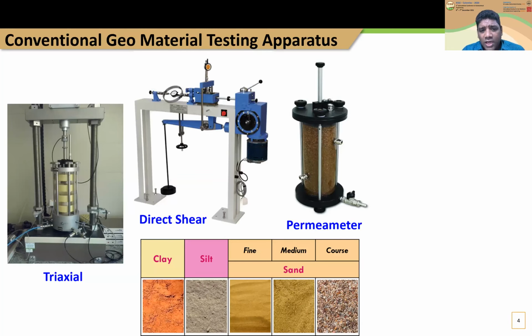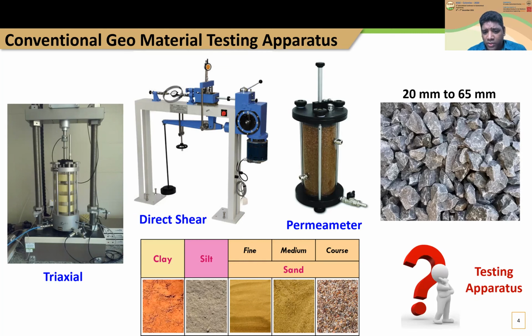In conventional geomaterial testing, we have the triaxial testing apparatus, direct shear and permeameters, where we can test soils from clay to coarse-grained sands. These are available in many laboratories.